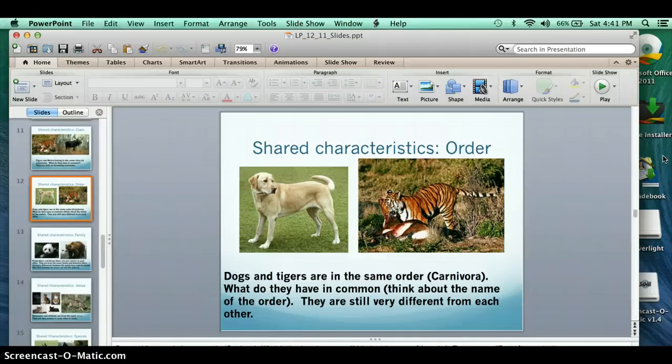They eat meat, yet they're also still very different from each other. So they're just in the same order. They're not the same species. See how we're going from general, bigger groups of animals to a very specific group of animal. So dogs and tigers are in the same order because they have a little more in common. Not just mammals, not just air-breathing mammals, but they're also carnivores, so they eat meat.